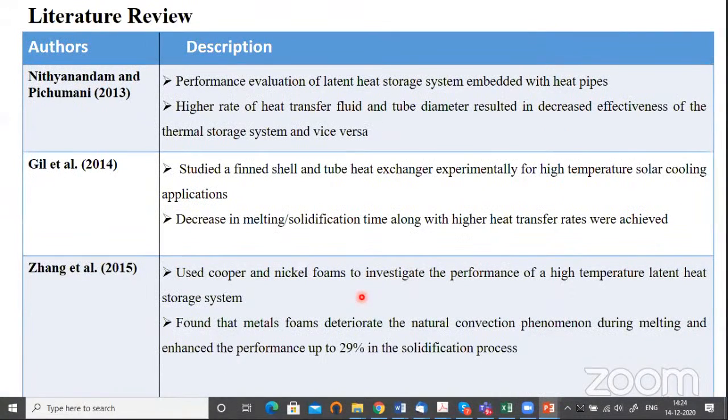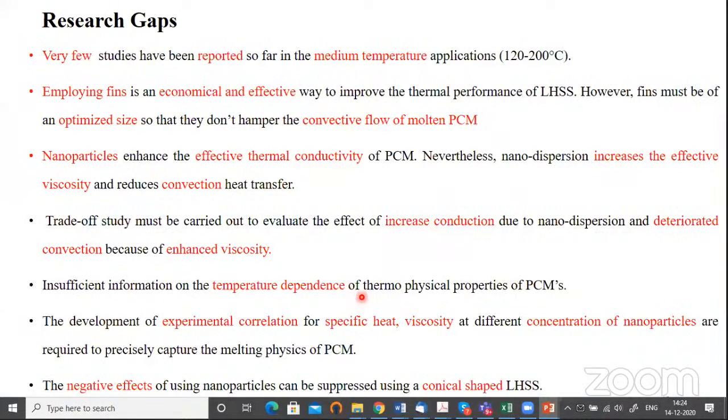But after a proper literature review, we found that there are still some research gaps for this medium temperature, like 120 to 200 degrees centigrade. For us, it is around 140 to 160 degrees centigrade. Very few studies are reported for this medium temperature latent heat thermal energy storage system.